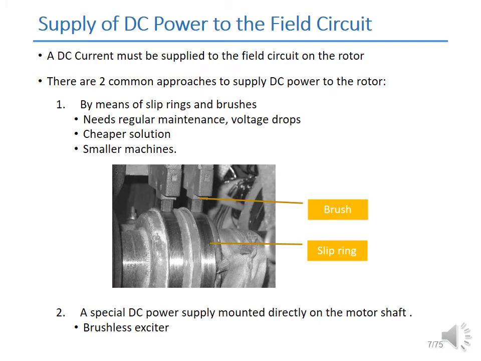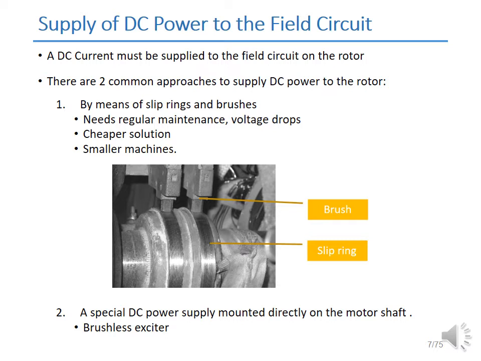For the generator to work, we need to supply a DC current to the field winding on the rotor, which is quite tricky as the rotor is rotating and not stationary. There are two common approaches to supply DC power to the rotor. The first one is by means of slip rings and brushes, and you can see the example in the illustration.